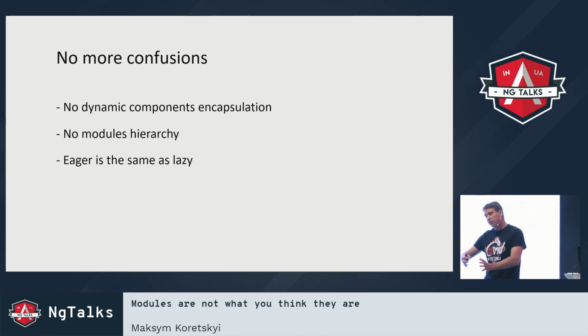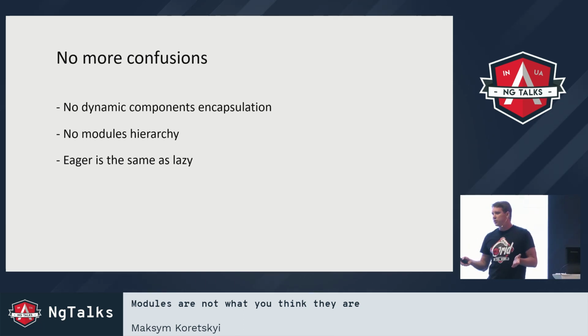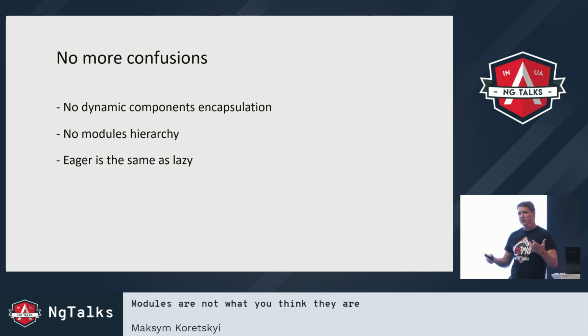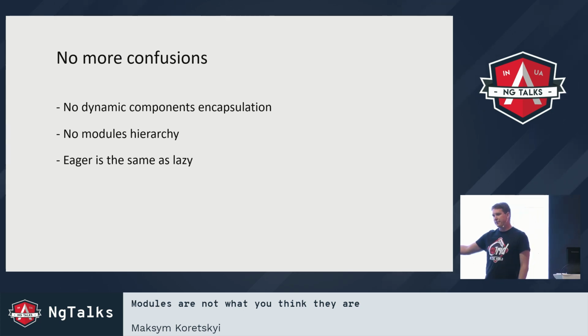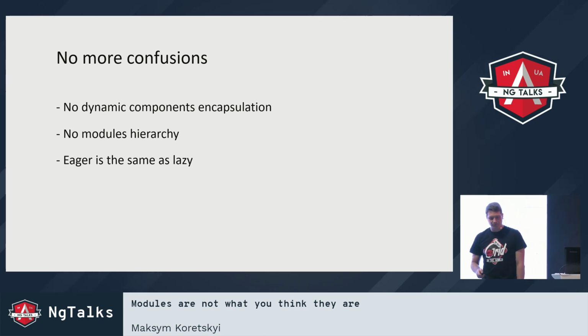And then again, they both go through the same instantiation process. The create method is called both on eager and lazy loaded module factories. The difference is that the lazy loaded module, this JavaScript class, is just loaded a bit later, right? Later at some point in time.